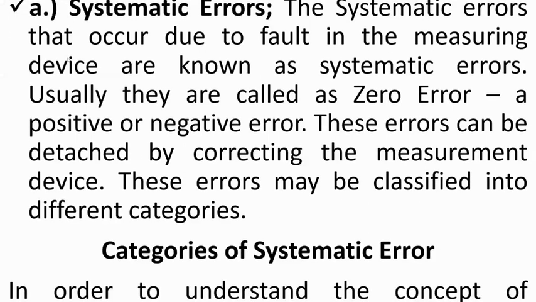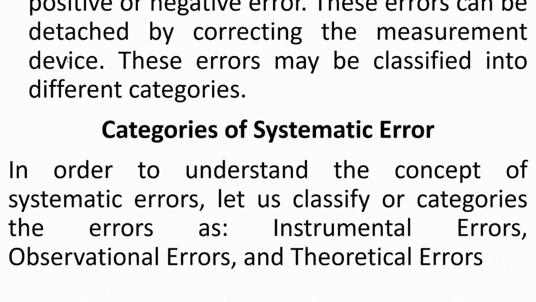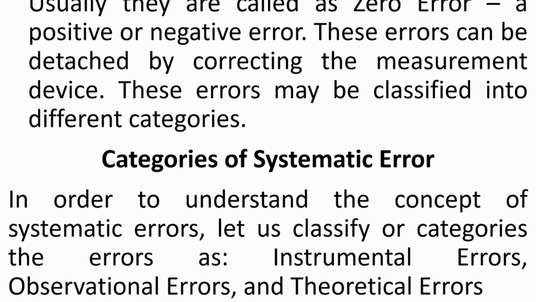These errors may be classified into different categories. So let's look at the categories of systematic error. In order to understand the concept of systematic error, let us categorize these errors as instrumental error, observational error, and theoretical error. We are going to explain these 3 terms.